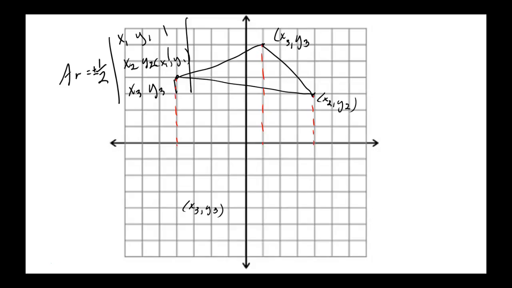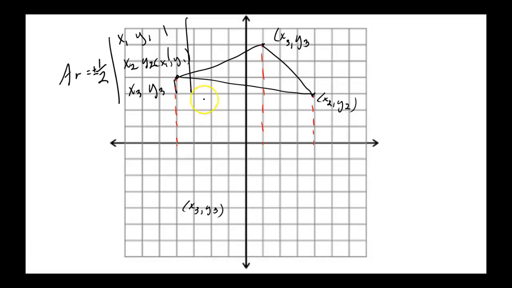So you do this base plus this base times that height, and take half of it. Because this base plus this base will give you the length of the rectangle, and so times this would be the area of the rectangle, take half of it, you get the trapezoid. Okay? So, let me go back to black then.